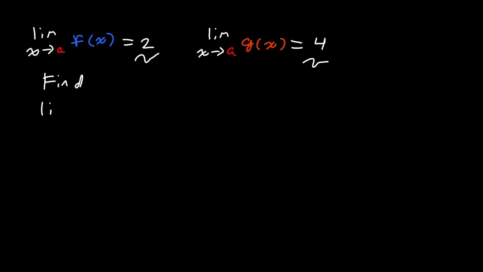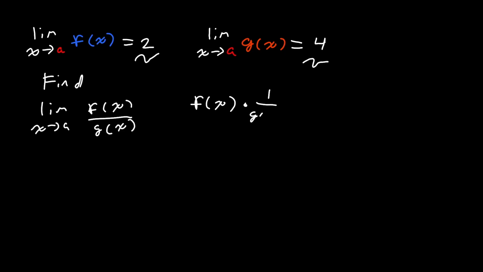Now, let's try the limit as x approaches a of f of x over g of x. We can rewrite a division statement as a multiplication simply by taking the multiple of the reciprocal of g of x. And so now these two will be equal. And so again, using the property of multiplication, we can separate it.